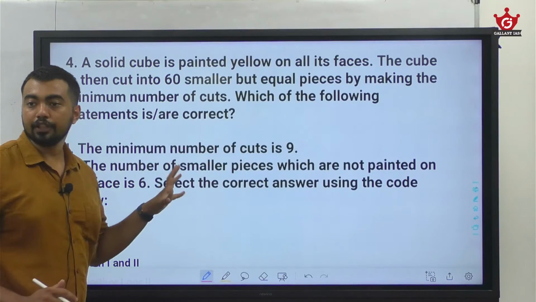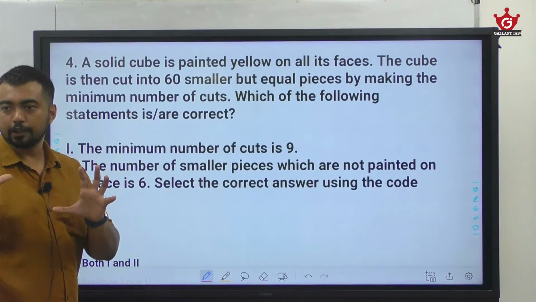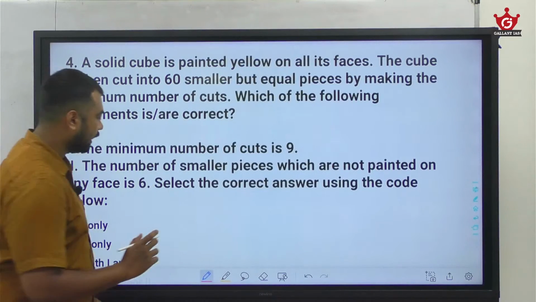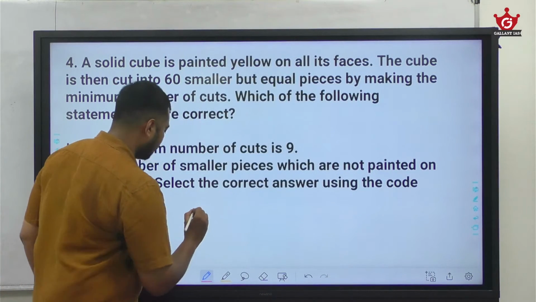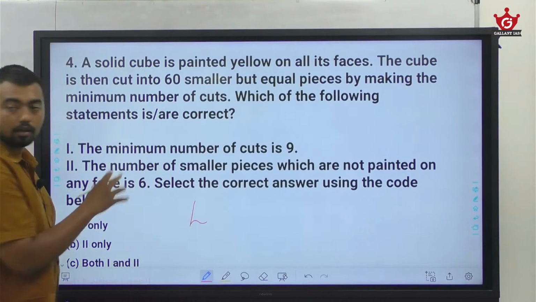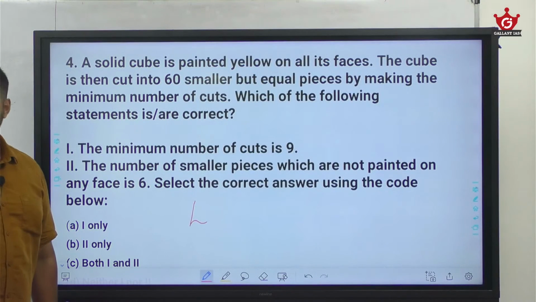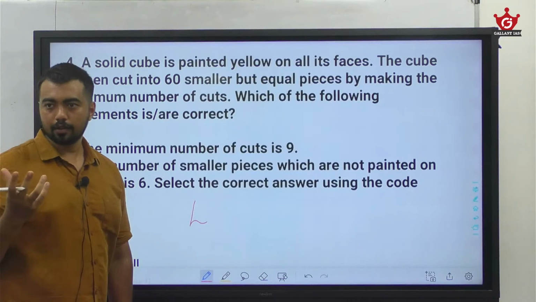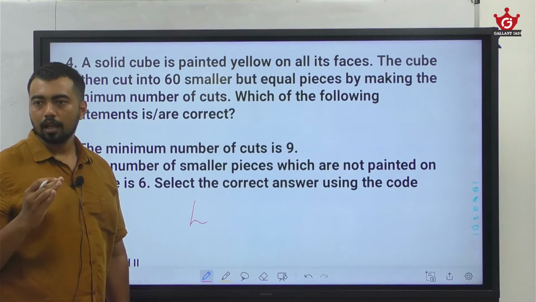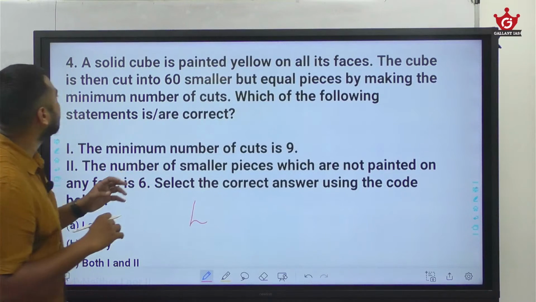So the equation to find, in case of a cuboid, the cubes where 0 faces are painted, which means no faces have paint on them at all, is as follows. A cuboid and a solid cube are the same thing here.